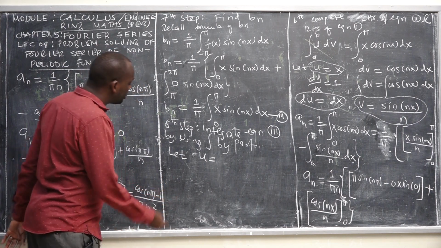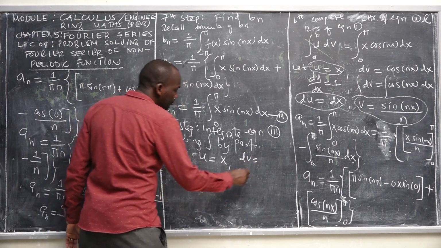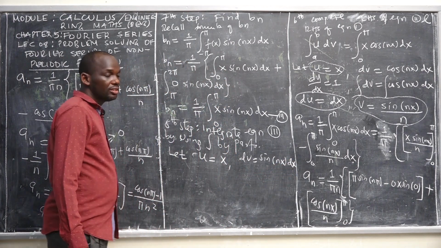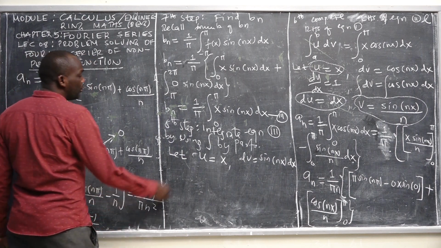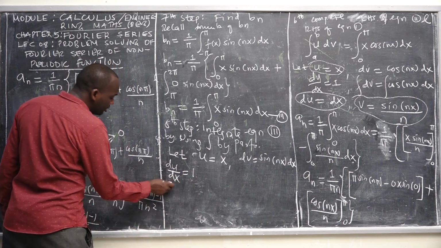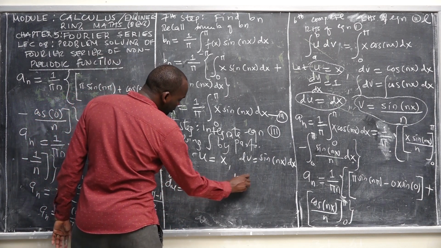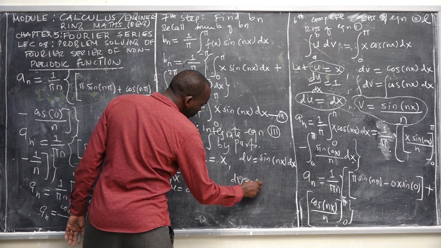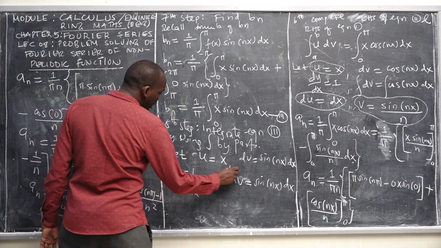Okay, so let u be equal to x, let dv be equal to sine of nx dx. Any student who is not mentioning is writing. Then we need the derivative of u with respect to x, which is equal to 1, so du is equal to dx. We have dv equal to sine of nx dx, so we integrate both sides.